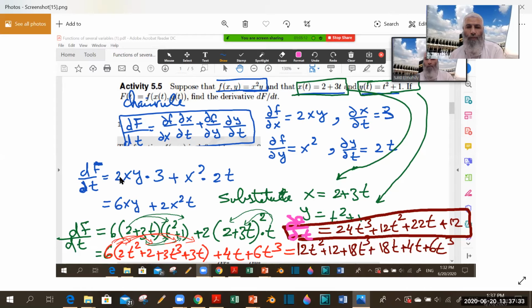We'll multiply: 2xy times 3 is 6xy, plus x squared multiplied by 2t is 2x squared t. Substitute x equals 2 plus 3t and y equals t squared plus 1. So this is 6 multiplied by 2 plus 3t, times t squared plus 1.